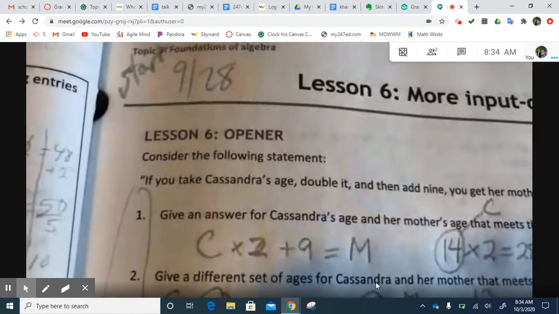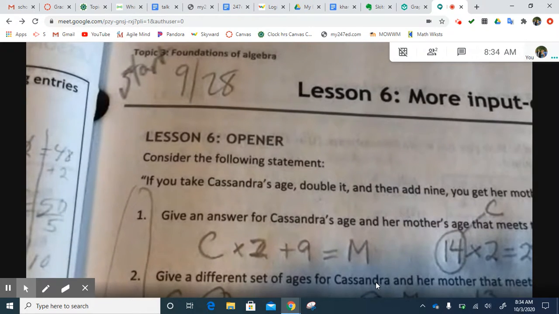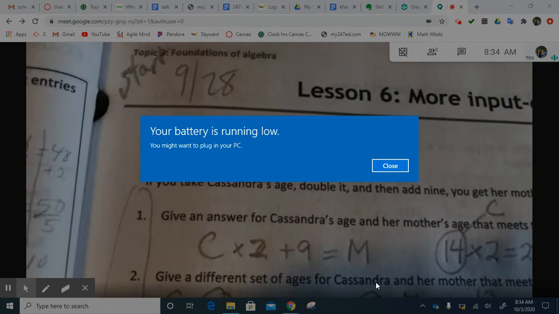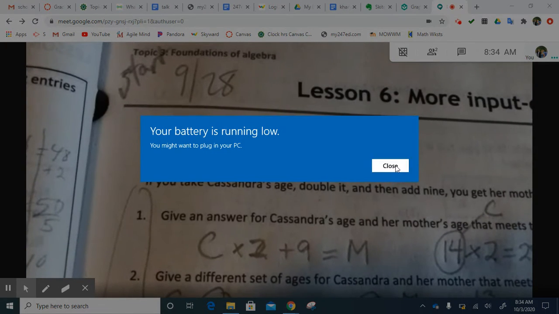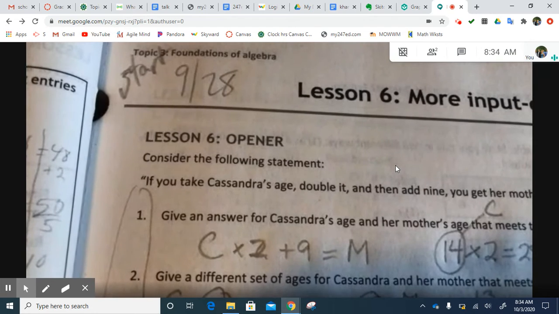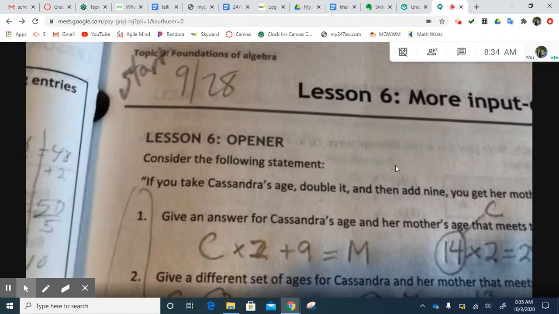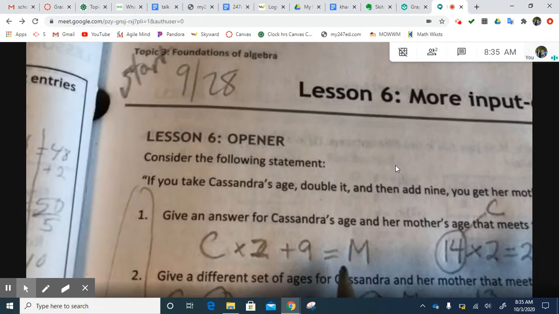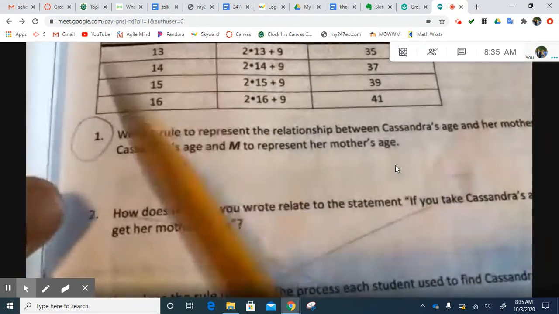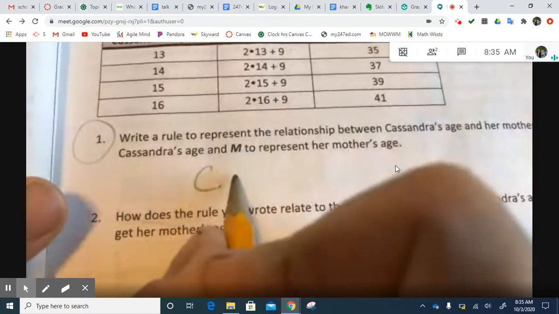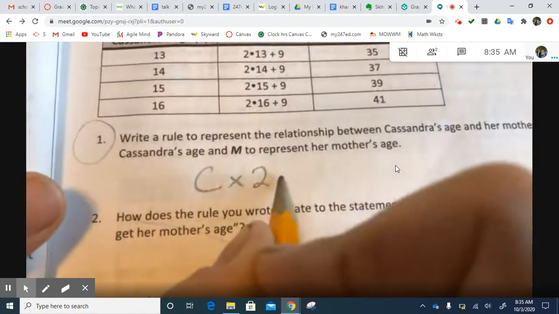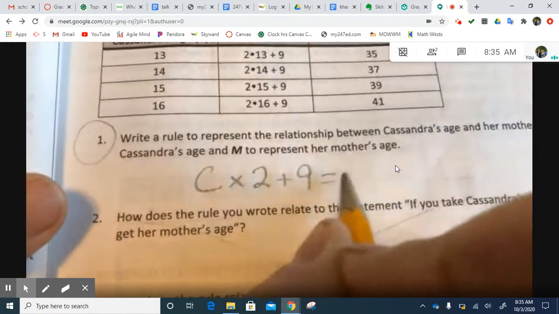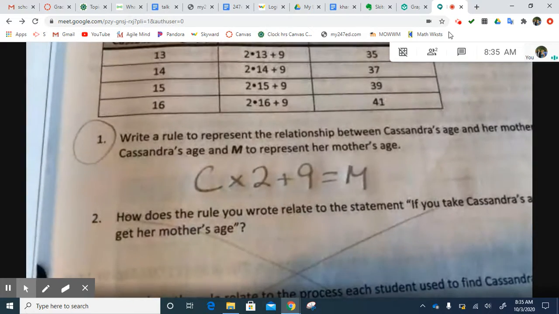Oops, I already did that up here. So the rule is going to be Cassandra's age times 2 plus 9 equals the mom's age. So that is the rule. So we can just rewrite that right down here. Cassandra's age times 2 plus 9 equals the mom's age.